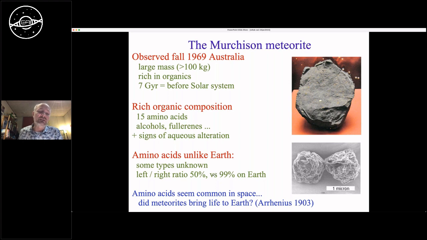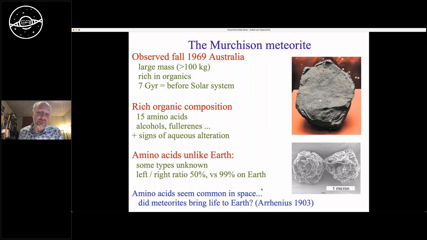Interestingly, this meteorite has several amino acids that are not naturally occurring on Earth. Also, amino acids have this property that they come in two symmetries, left and right-handed, and on this meteorite the left and right versions are about equally abundant, and this is not like on Earth.